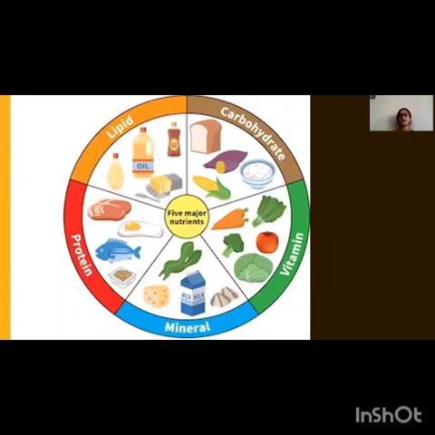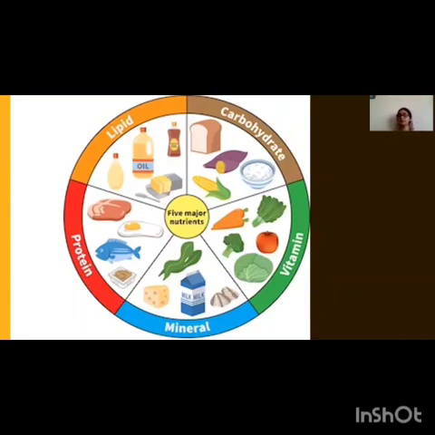And the thing about vitamins is that some people have vitamin deficiency, which means that they have very little vitamin in their body. If you have a vitamin deficiency, some bad things can happen to your body because without enough vitamins, you won't be healthy. That's why vitamins are so important for your health.